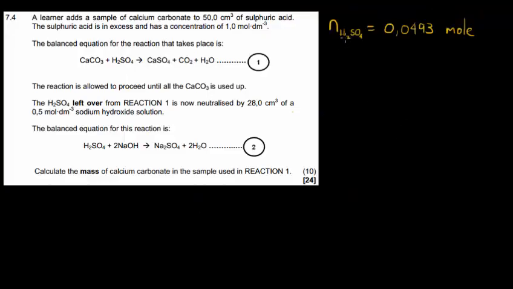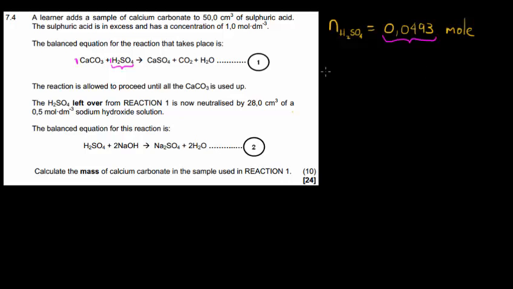So the moles of sulfuric acid used in this reaction is therefore 0,0493 moles. If we look at this here, we see that for every 1 mole of sulfuric acid that is used, 1 mole of calcium carbonate is used.